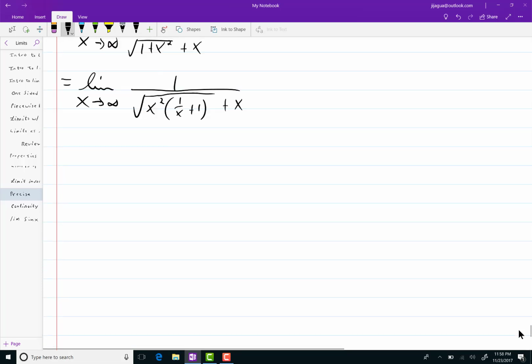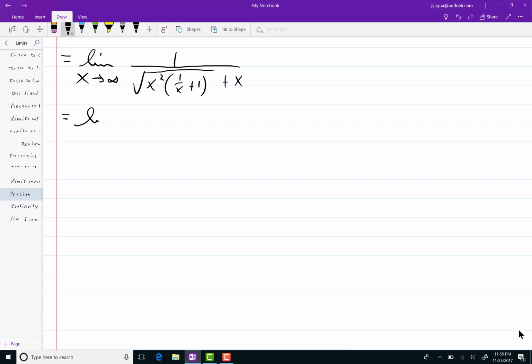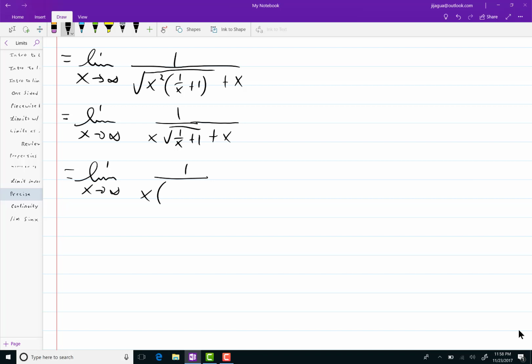If you factor out x squared, you get the limit as x goes to infinity, 1 over the square root of 1 over x squared plus 1, plus x. And now you can see that I can factor out an x. So that'll be the limit as x goes to infinity, 1 over x times the quantity, square root of 1 over x squared plus 1 inside of the square root, and then plus 1 outside of the square root.